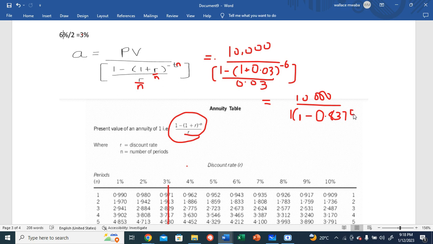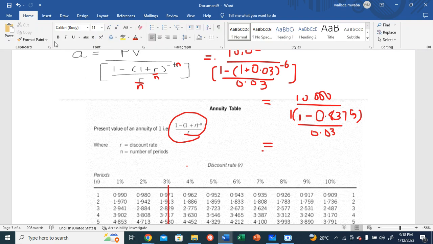0.8374. Okay, 5. We can even end on 5. So divided by 0.03. Now, what is 1 minus 0.8375? Then 0.1625 divided by 0.03.